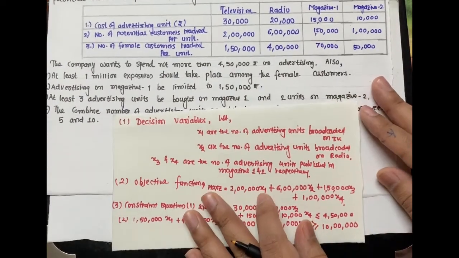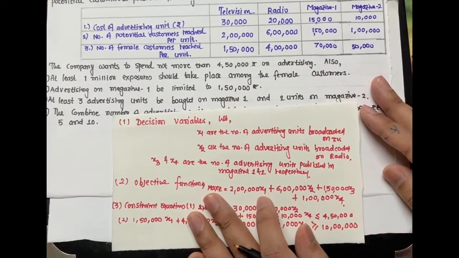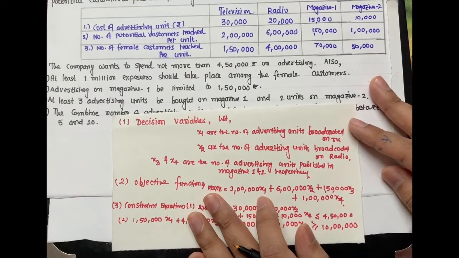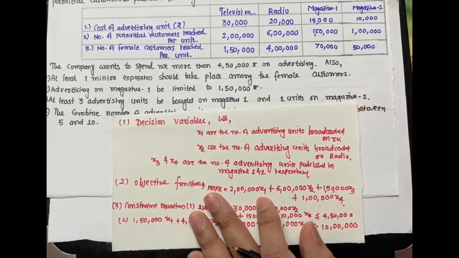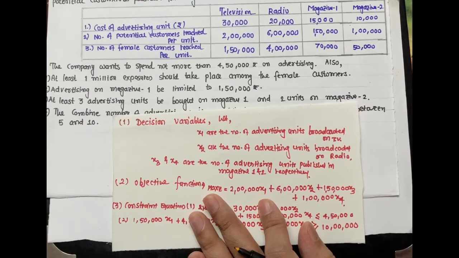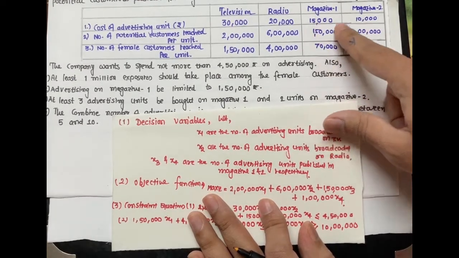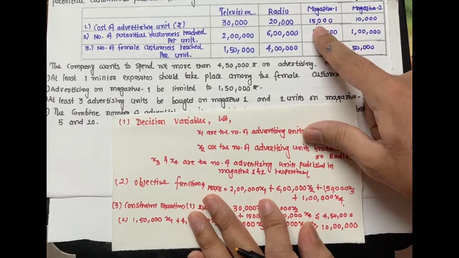Next, advertising on magazine 1 should be limited to 1,50,000 rupees. It means the total spend on magazine 1 should not exceed 1,50,000. For a unit broadcast the cost is 15,000.